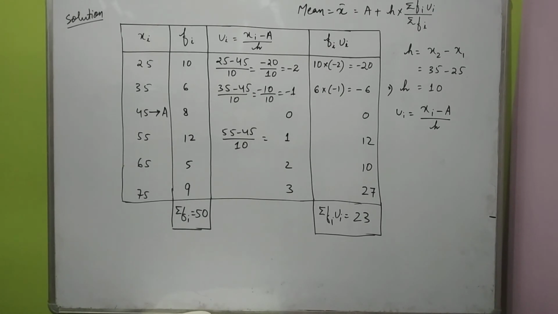Similarly for fi ui, we add minus 20, minus 6, plus 0, plus 12, plus 10, plus 27, and sigma fi ui gives us 23. Now we use the mean formula, A plus H multiplied with sigma fi ui upon sigma fi, and put in the values we have calculated.